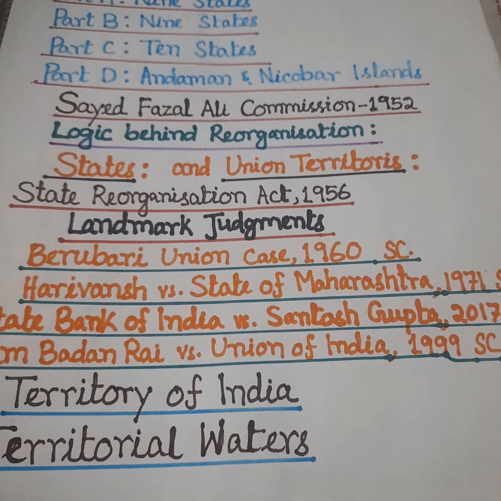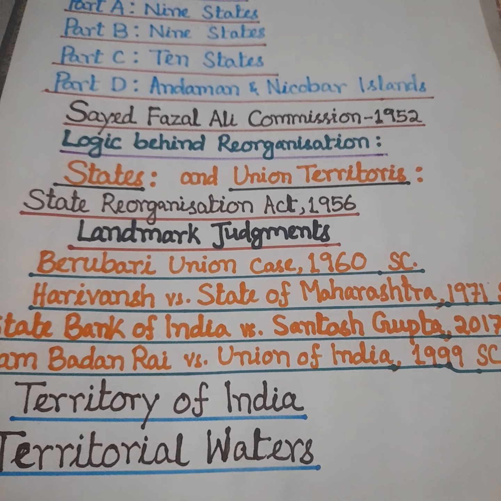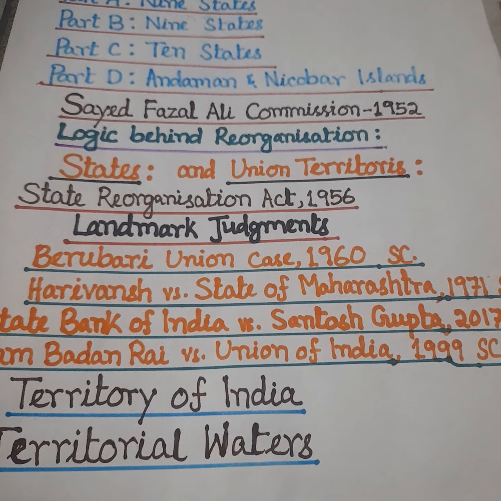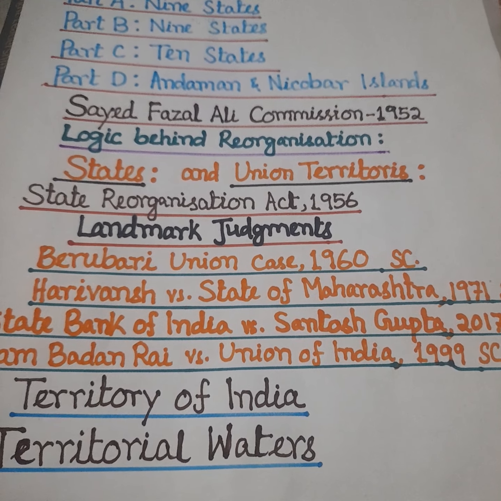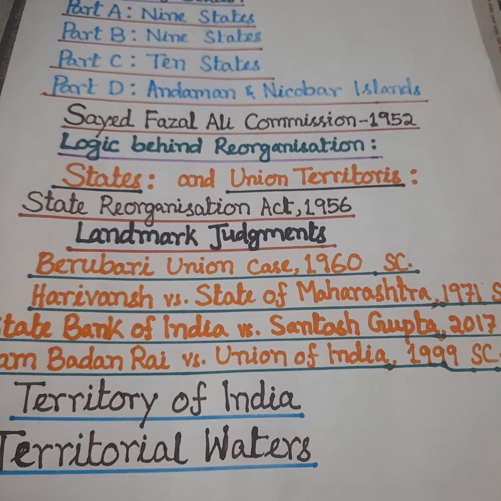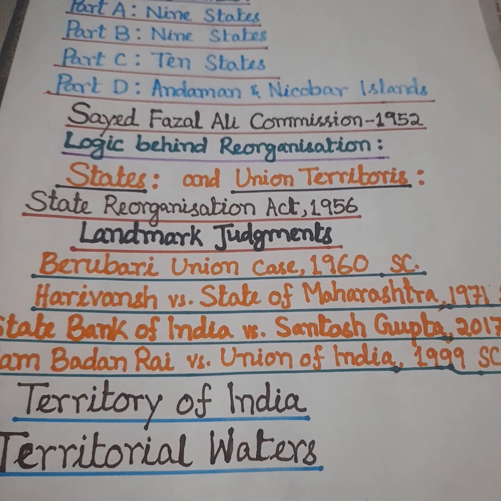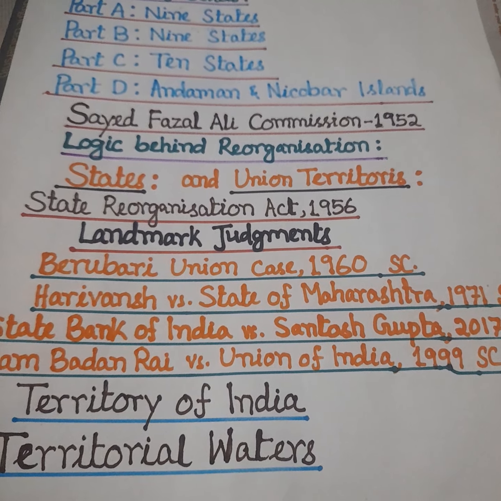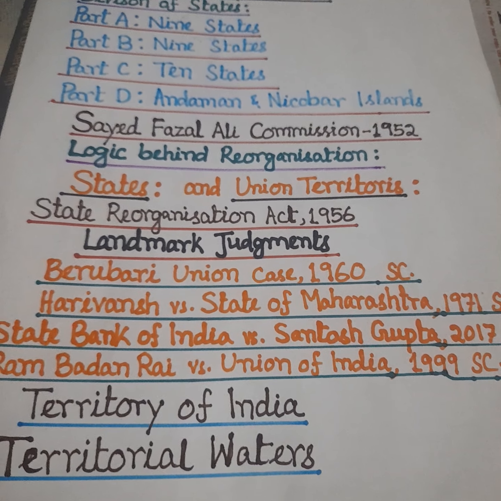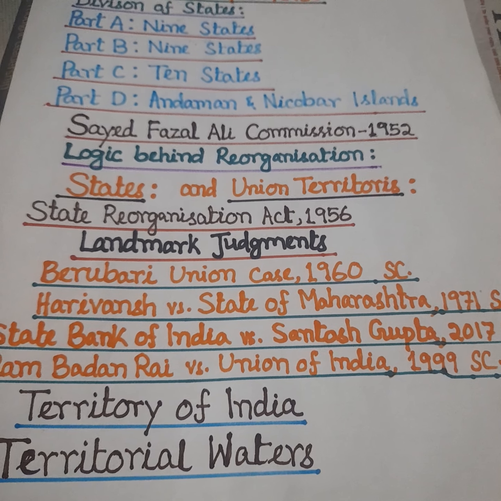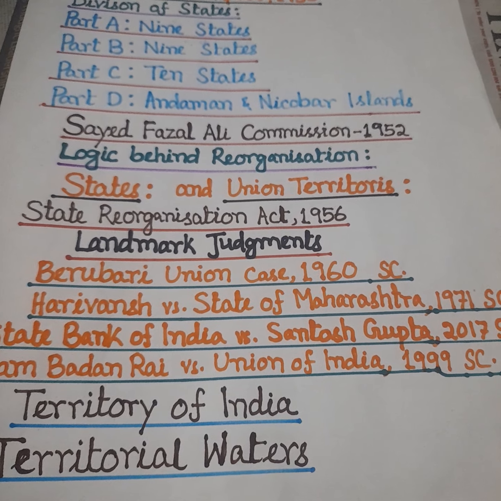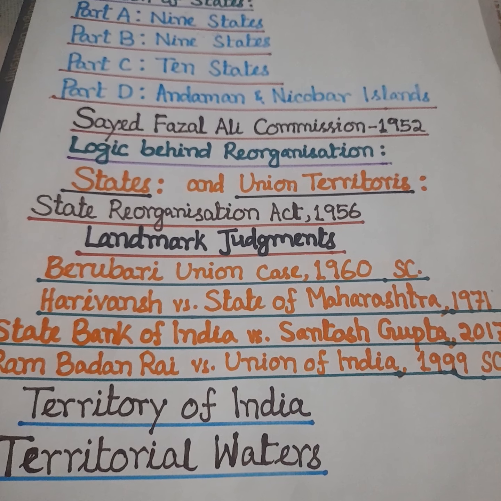Under this we could cite the examples of the creation of Maharashtra and Gujarat, also Punjab, Haryana, Himachal Pradesh, and Chandigarh, also the creation of Kerala, and also Jharkhand, Chhattisgarh, Uttarakhand, and even the newly formed state in 2014, the state of Telangana.